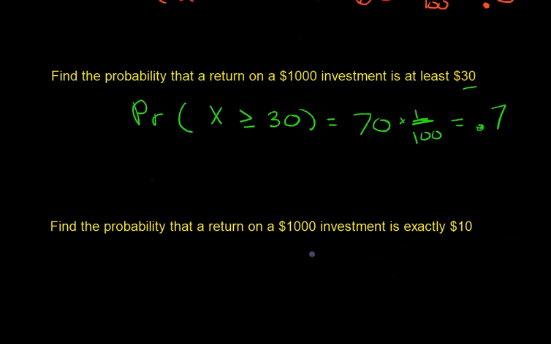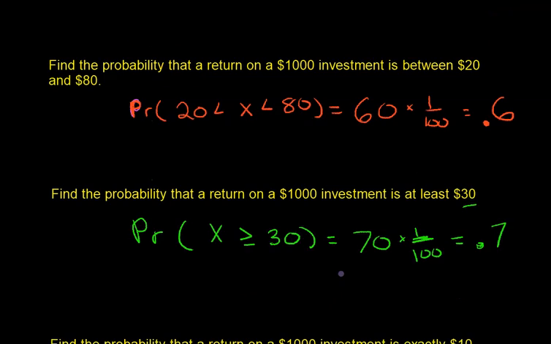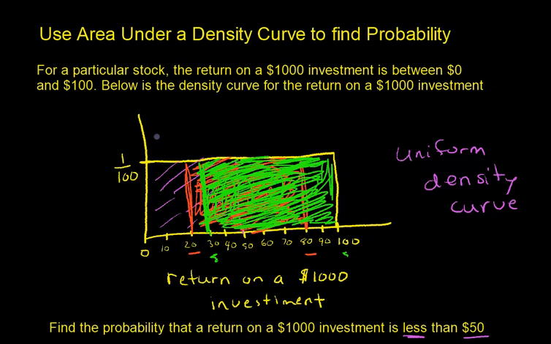Last question. Find the probability that the return on investment is exactly $10. So this is X equals $10. If we go back up to the graph, there are a few ways you can think about this.